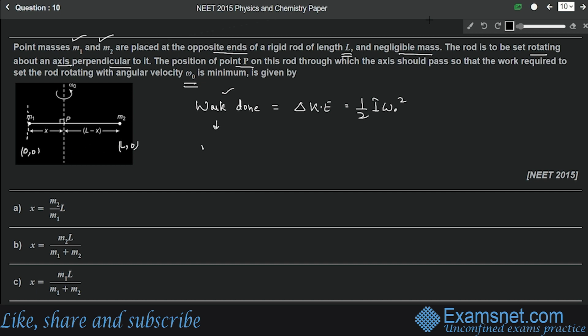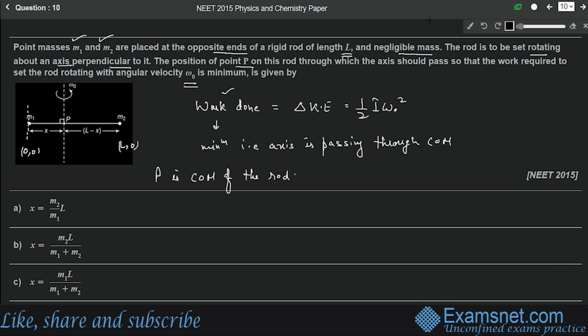So work done is minimum here. That means the axis is passing through the center of mass of the rod. Then only the moment of inertia will be minimum. Okay. So this P is the center of mass. Point P is the center of mass of the rod.